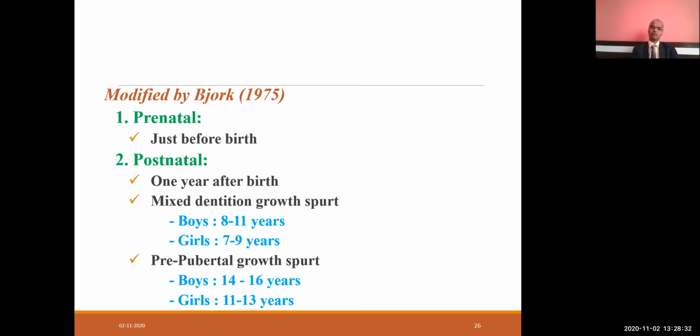One, the first 1 year after birth; second, in the mixed dentition period, the mixed dentition growth spurt, which occurs in boys at 8 to 11 years and in girls 7 to 9 years. And the prepubertal growth spurt, which occurs in boys at the age of 14 to 16 years and in girls 11 to 13 years.